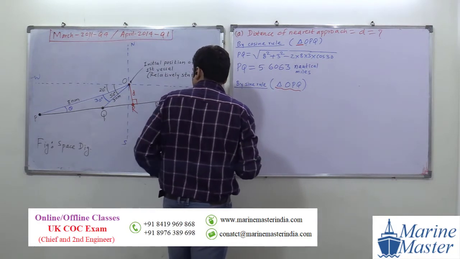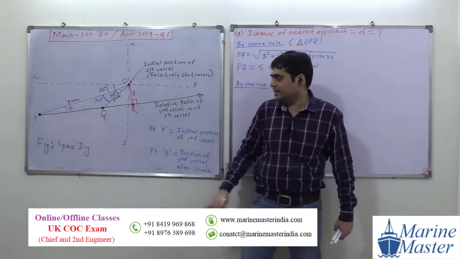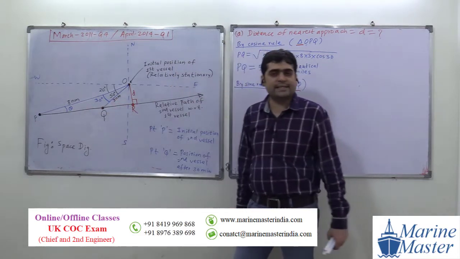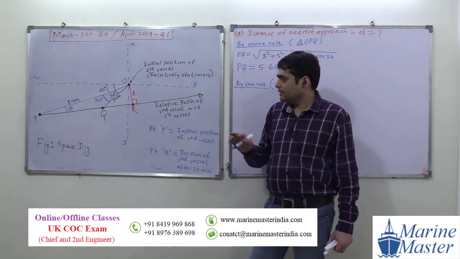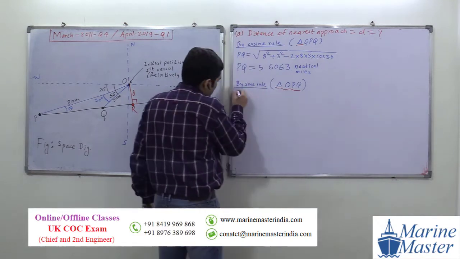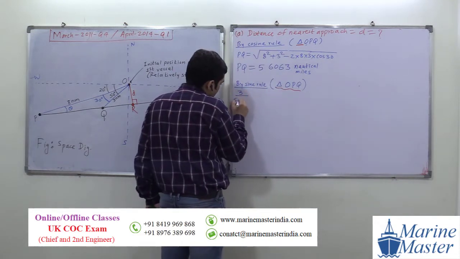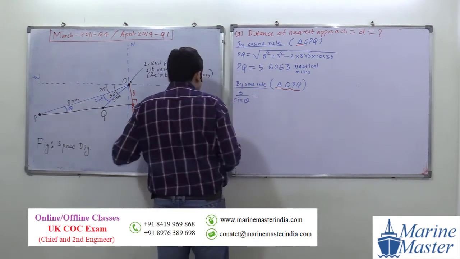What we have to find out is theta. Opposite to theta, which side is here in this drawing, on the triangle OPQ? 3 nautical miles. So 3 by sine theta is equal to PQ.